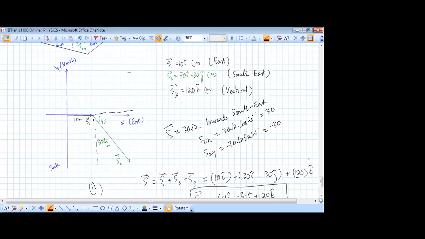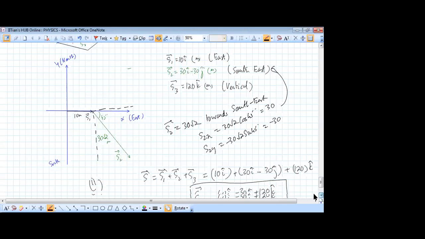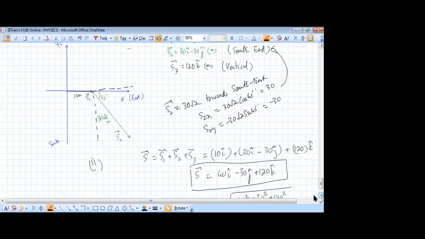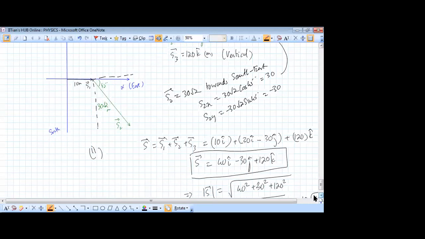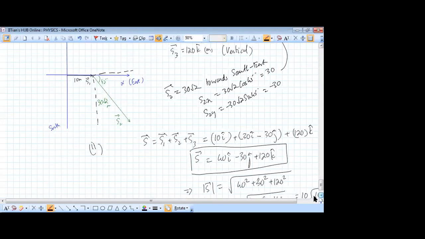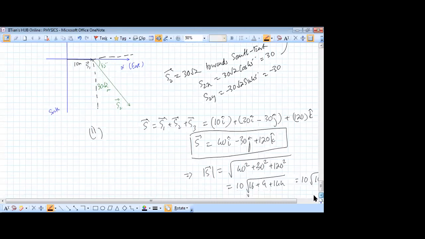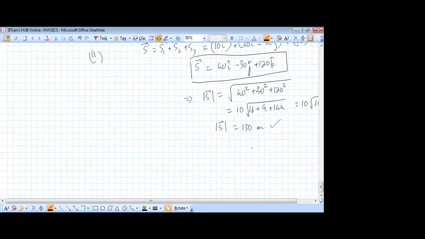So that's how this vector in component form is becoming this. Okay, good. Yes, so the answer is 130 meters for the second one. Magnitude of the resultant displacement is 130 meters.